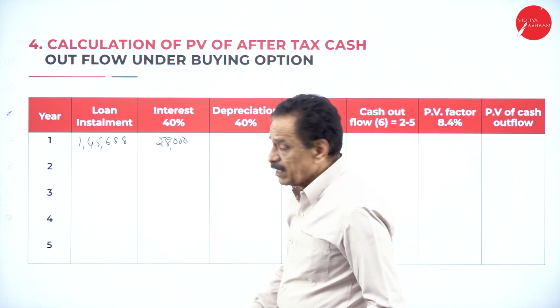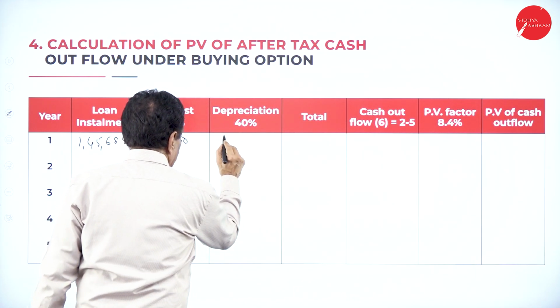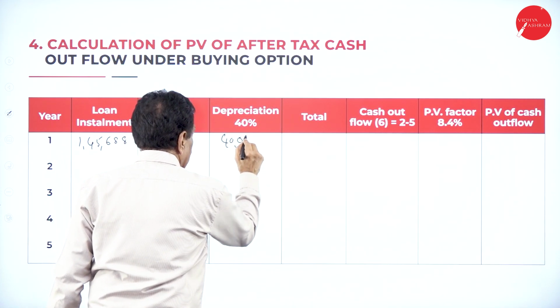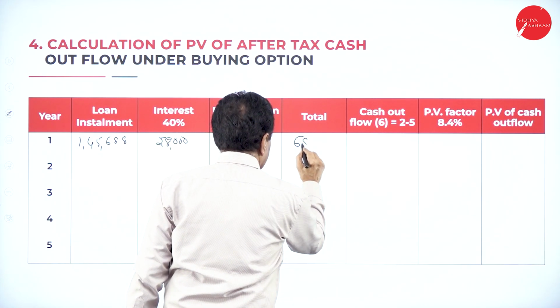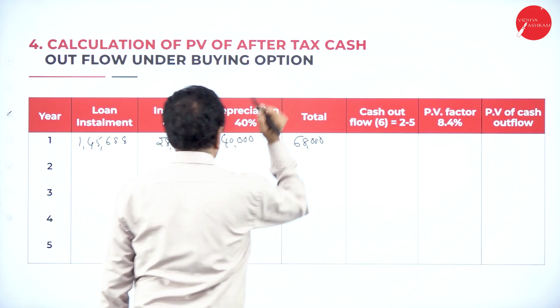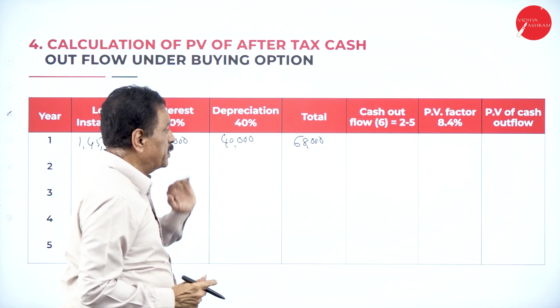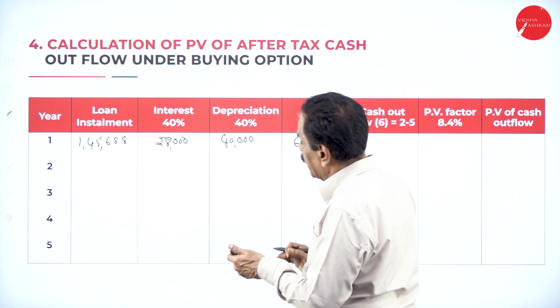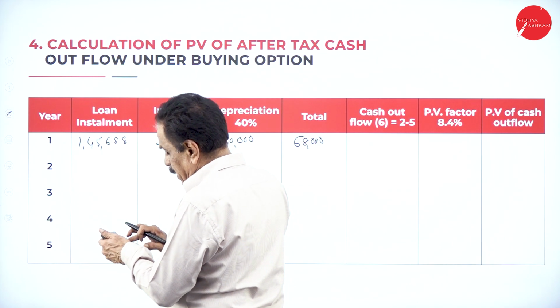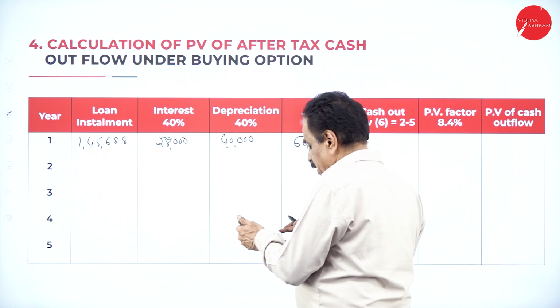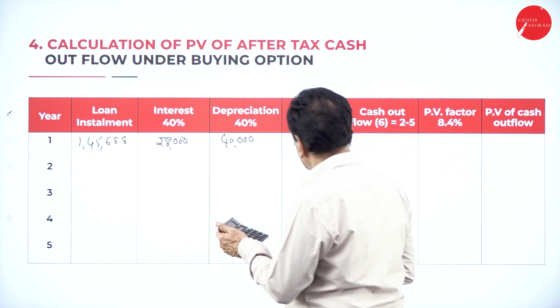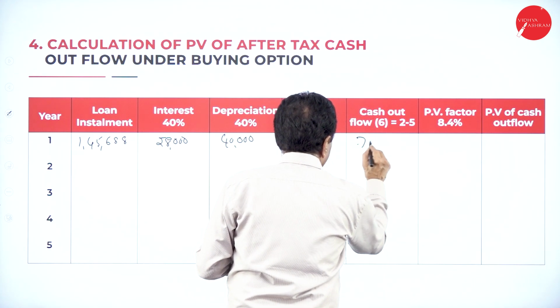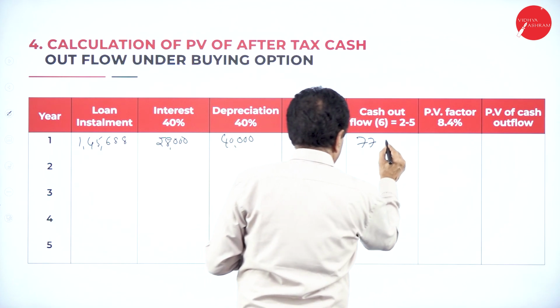On that, 40% means 40,000. What's the total saved? 68,000. So 1 lakh 45,688 minus 68,000 is 77,688.